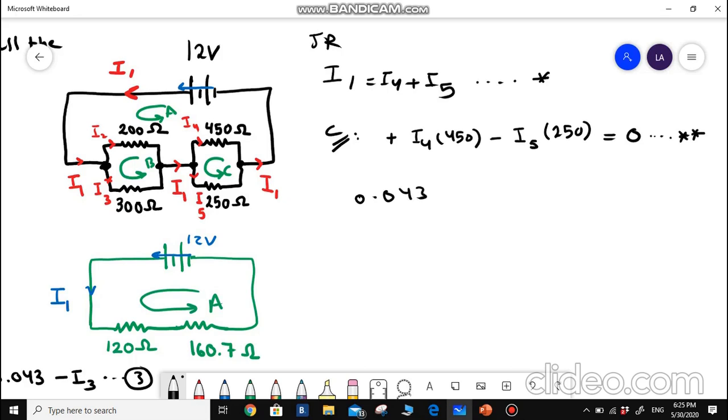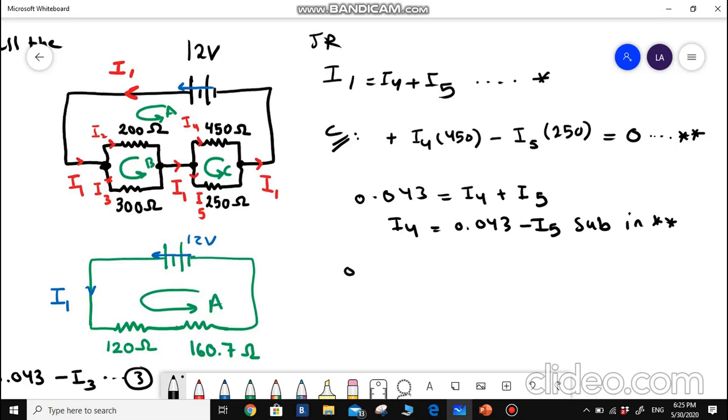So here, 0.043, this is the value for I1, is equal to I4 plus I5. I'll be substituting this, so I4 will be 0.043 minus I5. I will substitute this in double star in this equation.